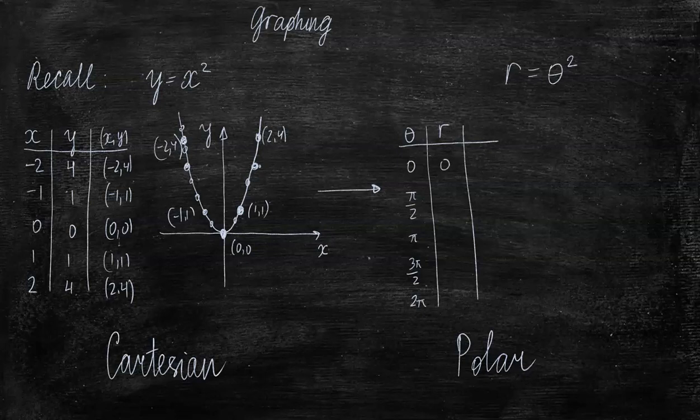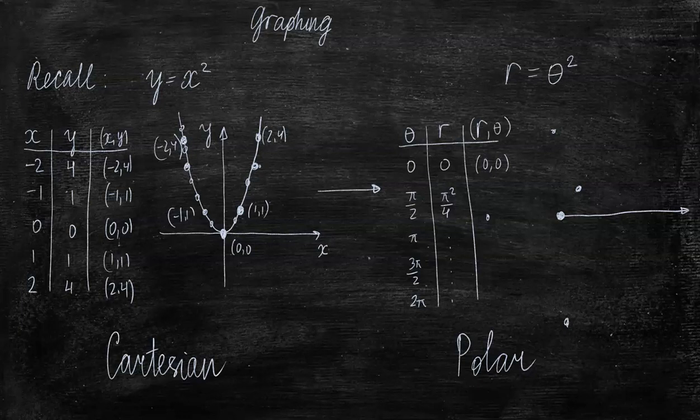So in this case r is 0, this will be pi squared over 4, etc. And then each of these pairs of values will produce an ordered pair, which we then will be able to plot in polar coordinates. And by plotting this, we will be able to maybe figure out the graph.